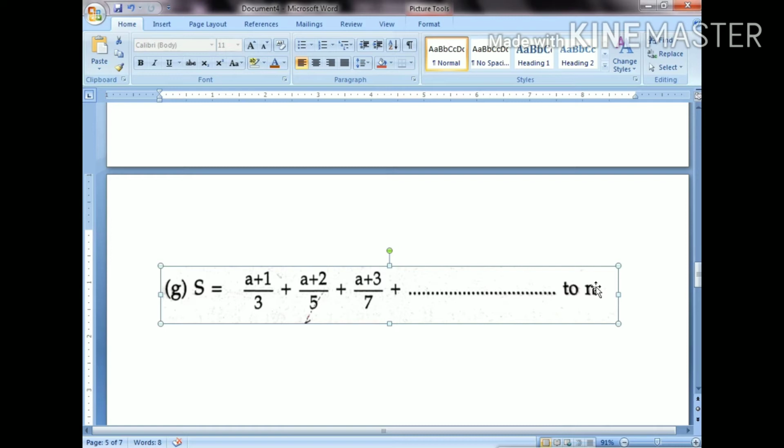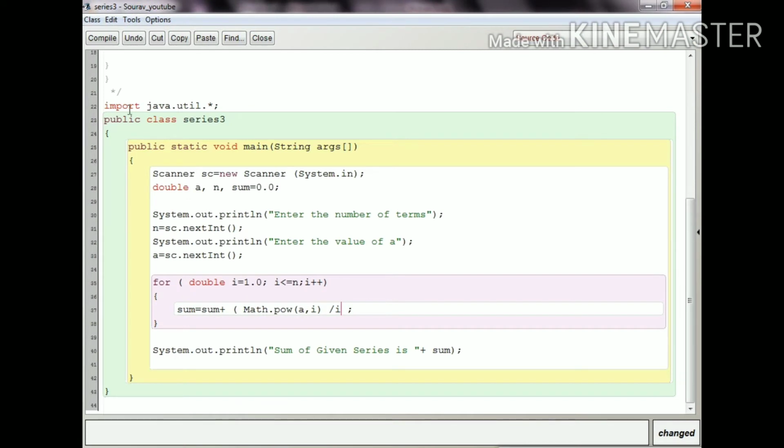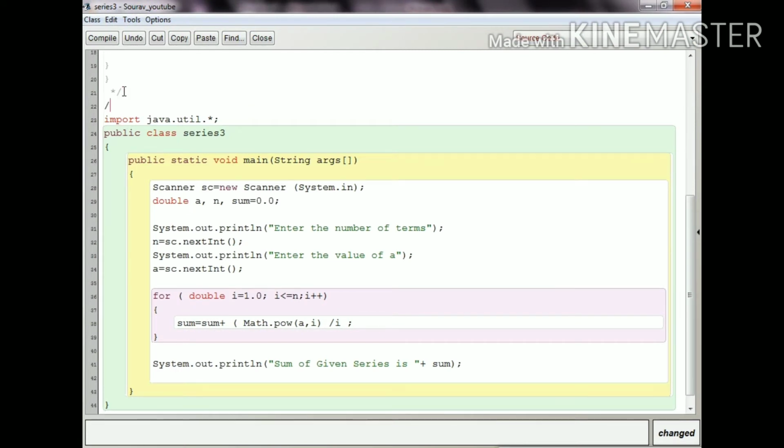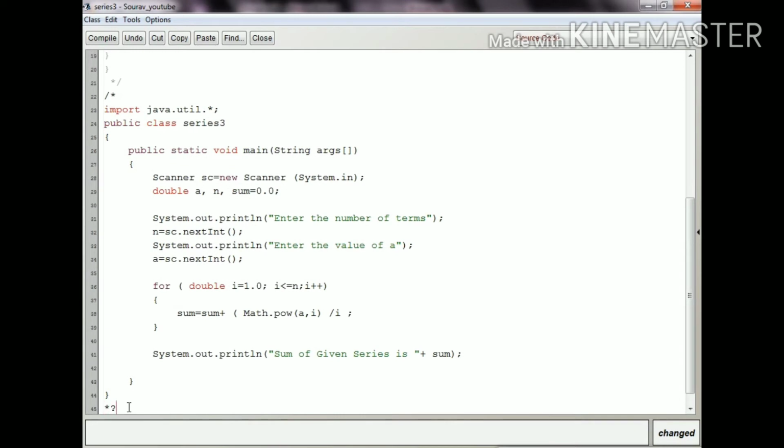So I need another variable which holds the value of 3, 5, 7. Means first time it will be 3 and next time it increases by 2. So just write star slash. So I copy this code.